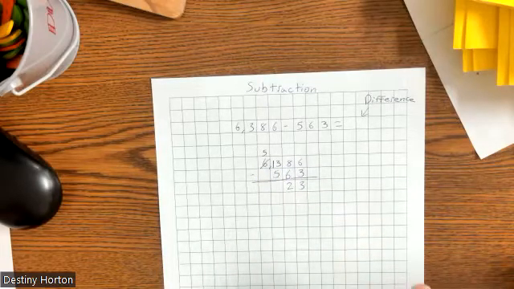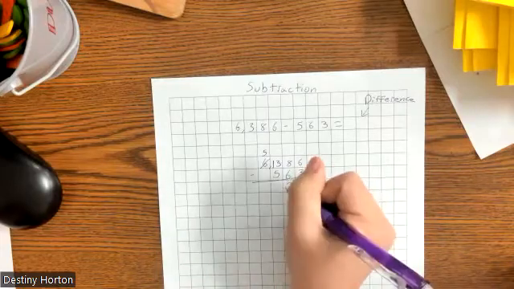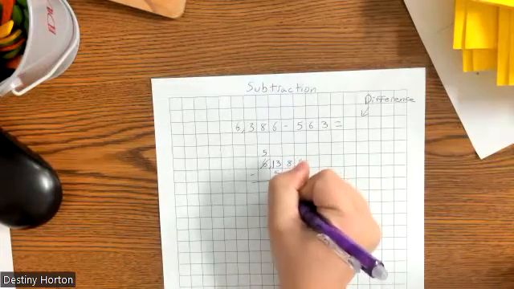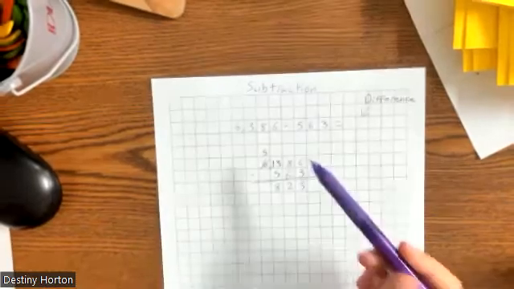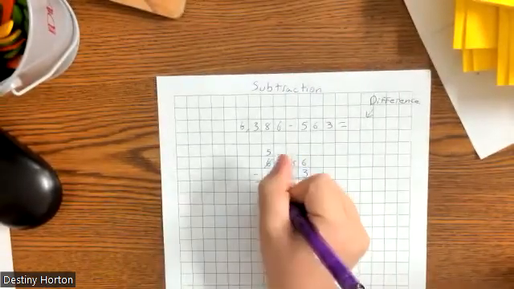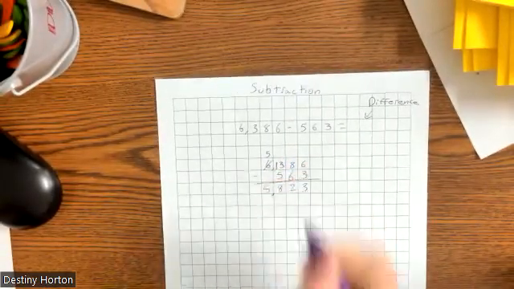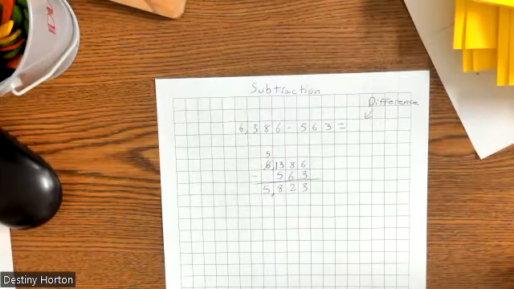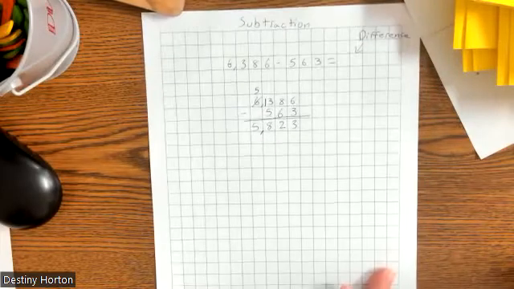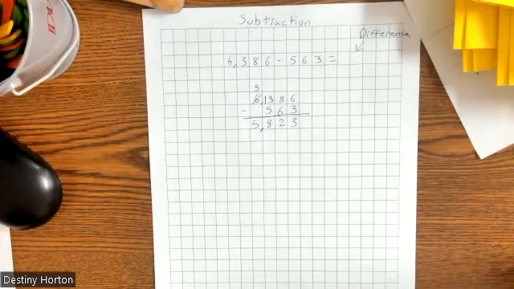And 13 minus 5 gives me, yep, you're right, 8. So now all I have to do is 5 minus nothing, which gives me 5. And I can't forget my comma. So the difference of 6,386 minus 563 is 5,823.